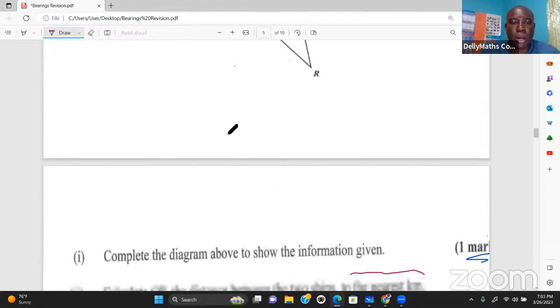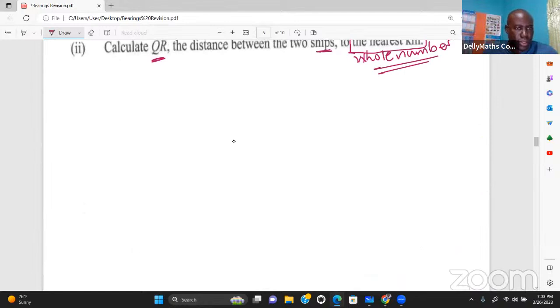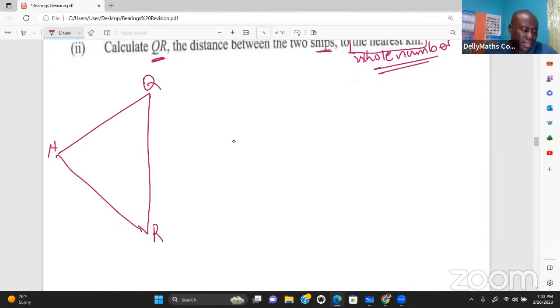Now I could draw this diagram quickly for us down here. So we have that. All right. This is R, this is Q, this is H, this is 242, and this is 175. The angle though needs to go there.